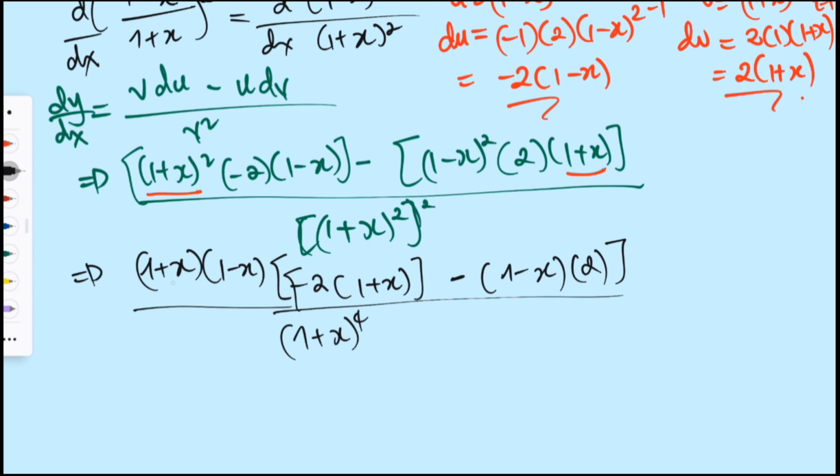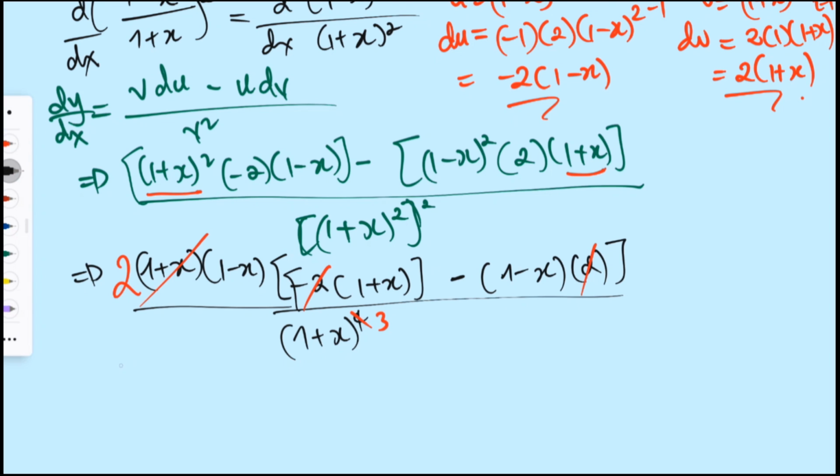Since we've taken out 1 plus x, we can actually cancel out 1 of the 1 plus x. So this would be cancelled out to have 3 left over. We can actually factor out this 2 as well. Okay, that's good. So that makes our work a lot easier. So the 2 can go on the outside, just like so.